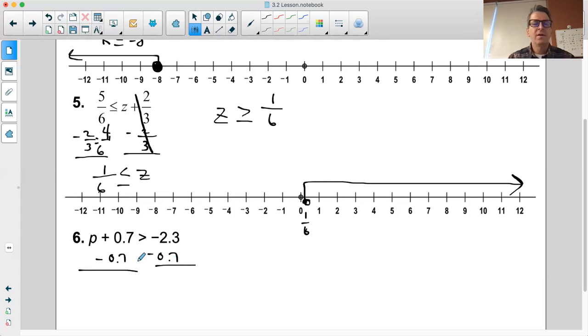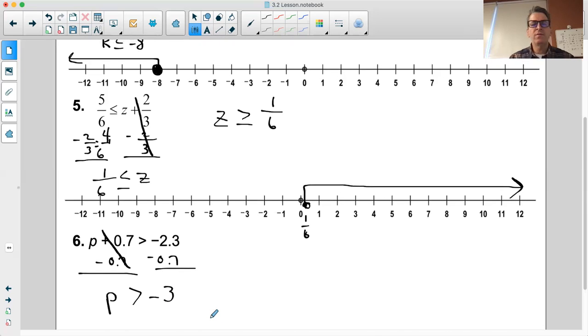Adding and subtracting positive and negative numbers is a little bit of a challenge sometimes, but take a look. This cancels out. We end up with p is greater than -2.3 minus 7/10, and that would be -3.